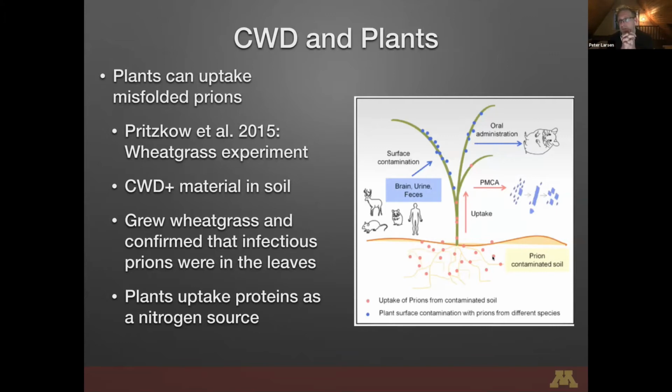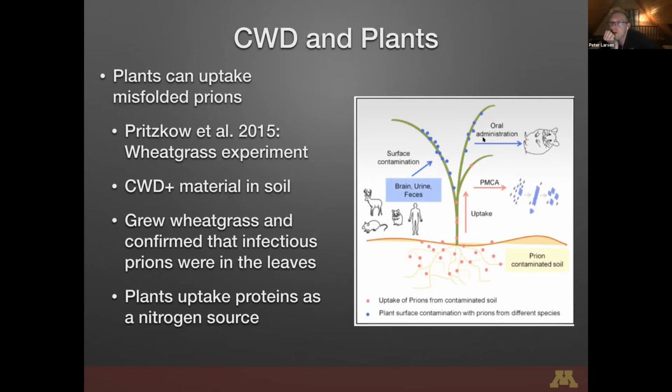So what happened was they were able to detect the prions in the leaves using a technique called PMCA and Western blotting, which I'll highlight later on when I talk about diagnostics. They were able to detect the misfolded prions in the leaves, and they fed those leaves to a hamster model. And unfortunately, the hamster ended up dying of a neurodegenerative disease.